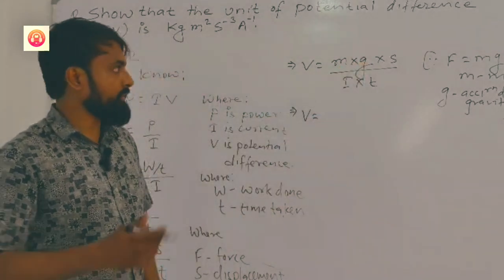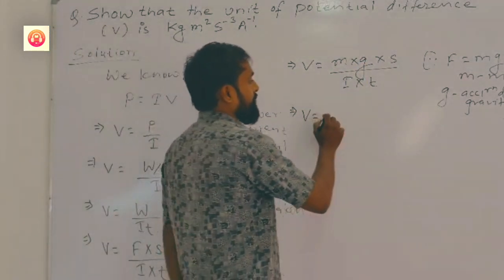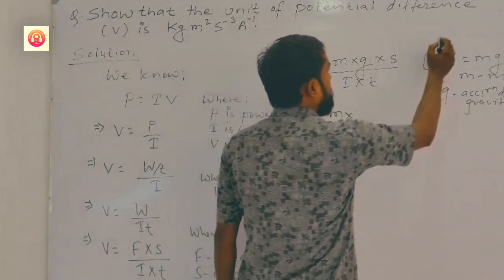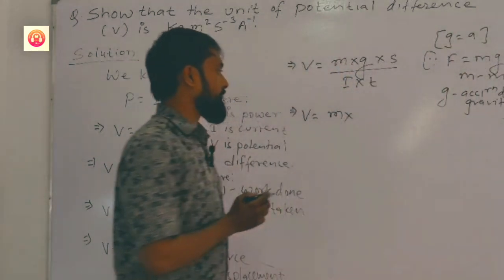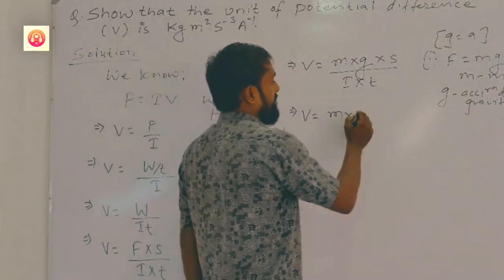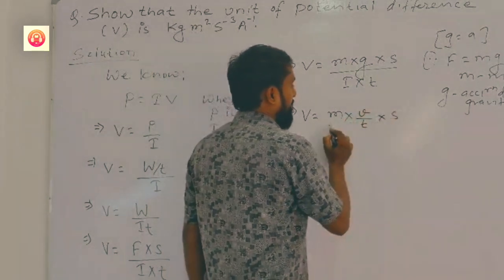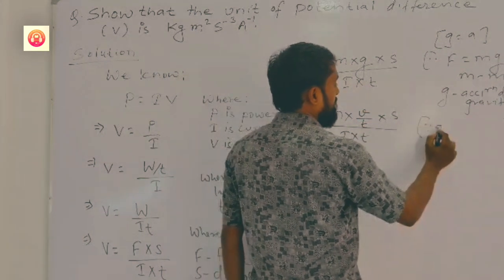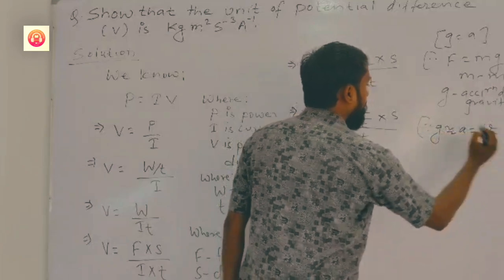So you can change the acceleration to velocity by time. So we can write mass into g equals a, where a is acceleration. So acceleration means velocity by time, into s by I into T. Since here g is our acceleration equals velocity by time.